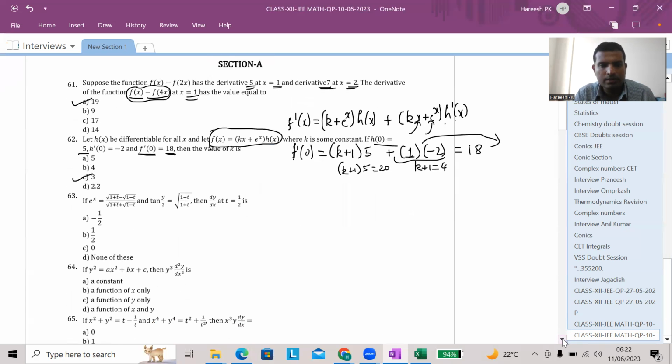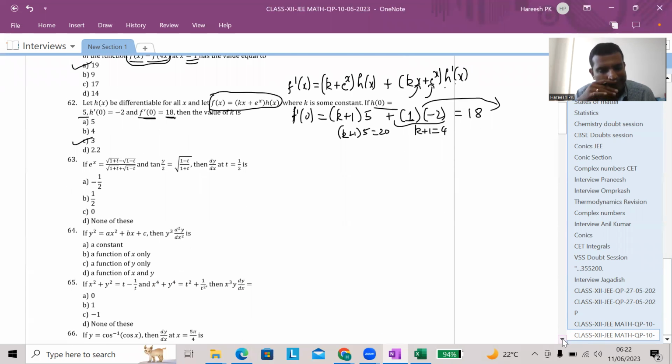So the next question is another direct trigonometry related question. We have already discussed whenever we see root of 1 minus t, we'll have to substitute t as cos theta. Why? Because 1 minus cos theta becomes 2 sine square theta by 2.